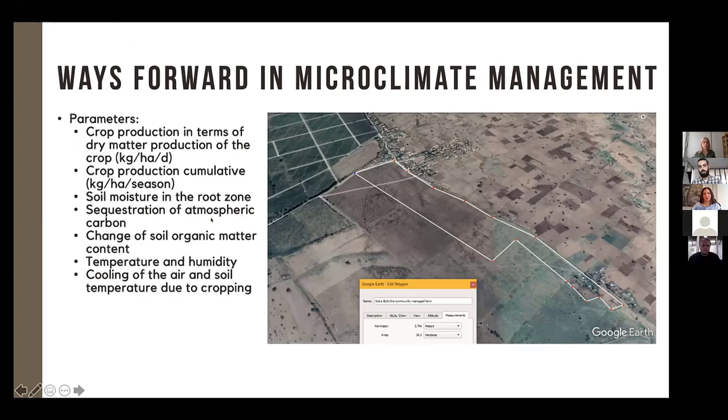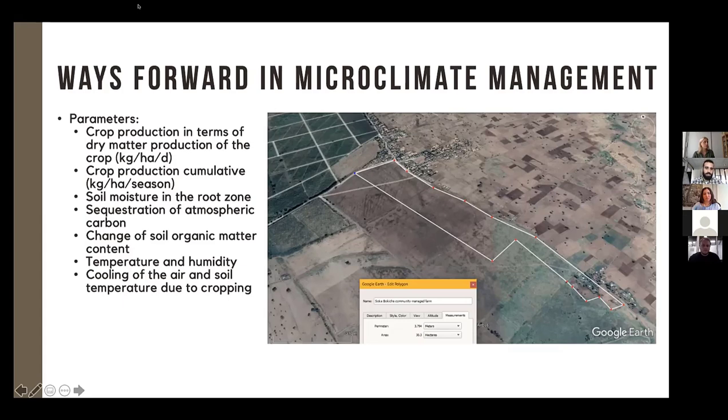Some of what we'll be looking at in this plot is the crop production in terms of dry matter, that's the biomass, cumulative, just like Rula was showing us earlier, soil moisture in the root zone, sequestration of atmospheric carbon, changes in soil organic matter content, temperature and humidity, and cooling of the air and soil temperature due to the cropping.